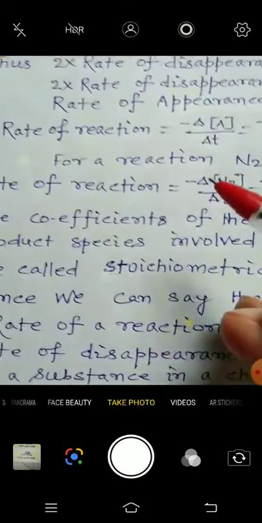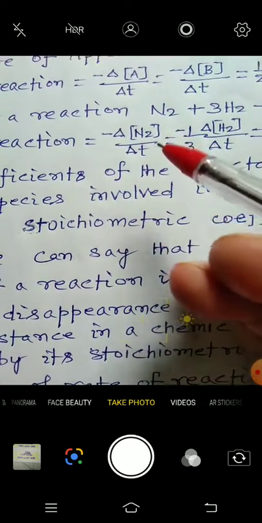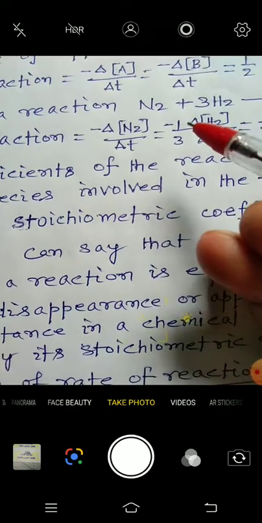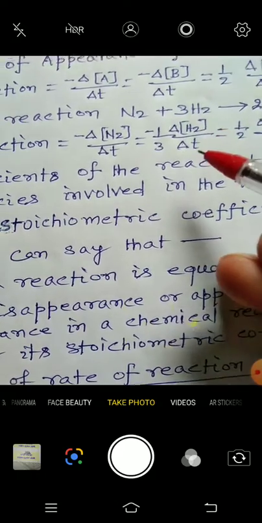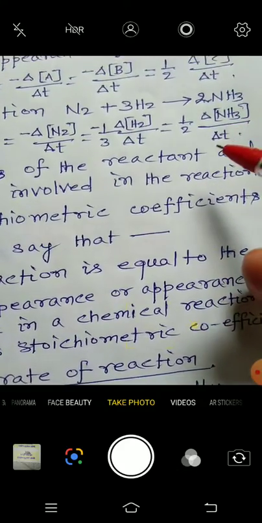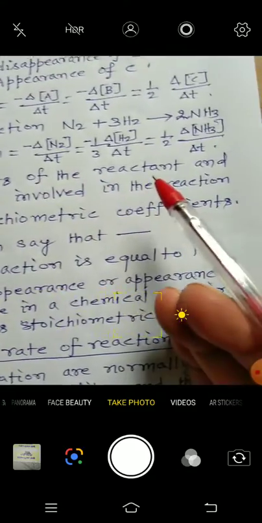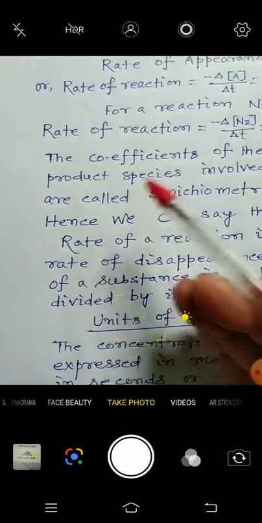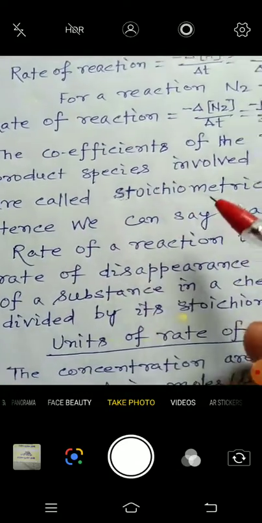For a reaction N2 plus 3H2 gives 2NH3, the rate of reaction will be minus delta molar concentration of nitrogen by delta T is equal to minus 1 by 3 delta molar concentration of H2 by delta T is equal to 1 half delta molar concentration of NH3 by delta T. Thus, the coefficients of the reactant and product species involved in the reaction are called stoichiometric coefficients.